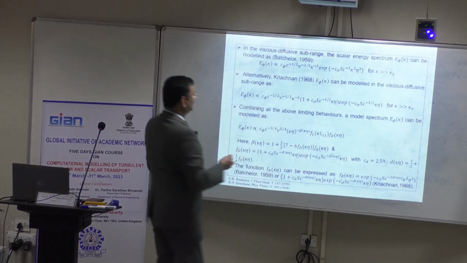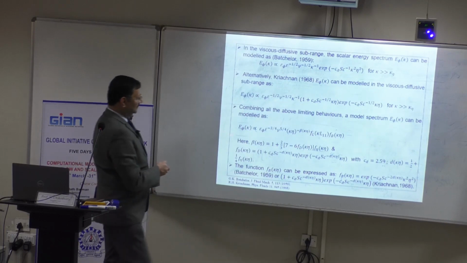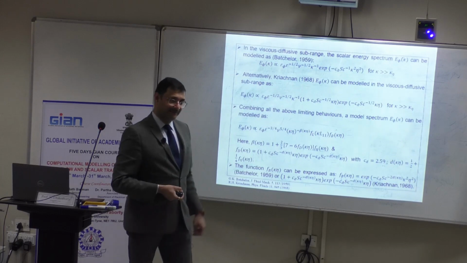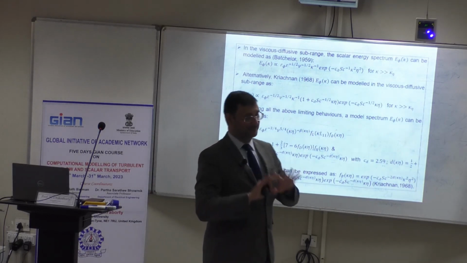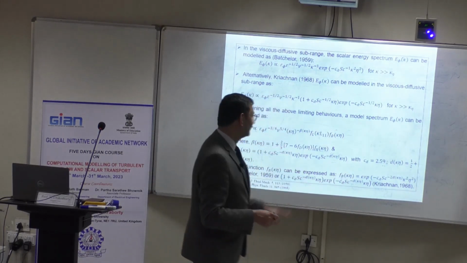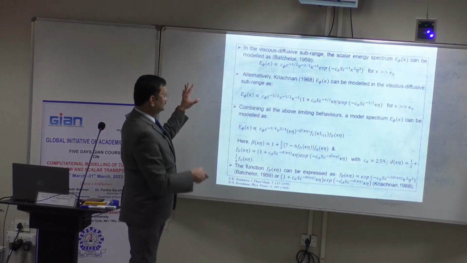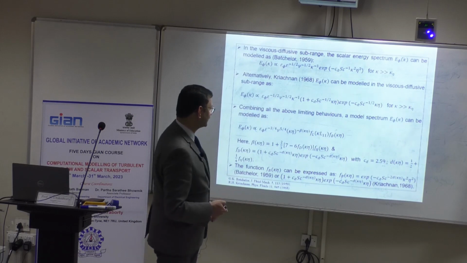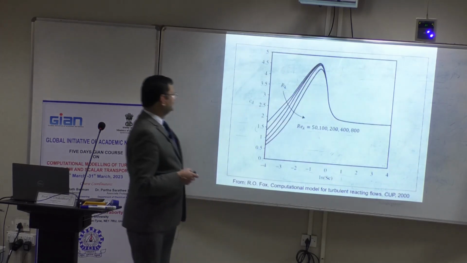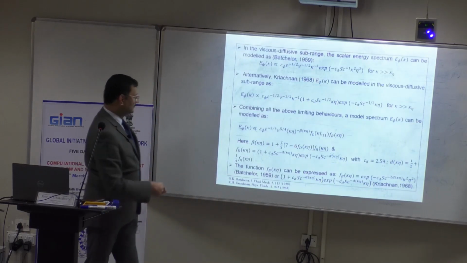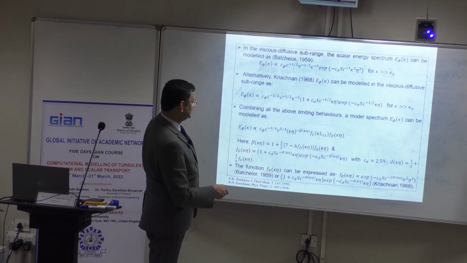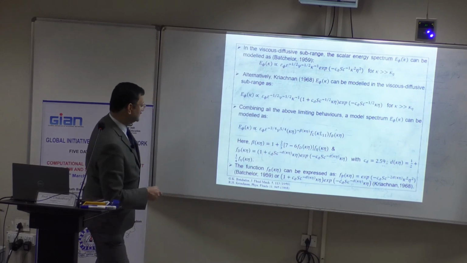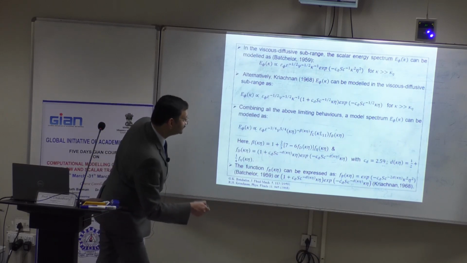So if I consider all of those conditions, this is a model spectrum, an approximation, which follows all the necessary limiting behaviors. Here, FD is essentially this function.